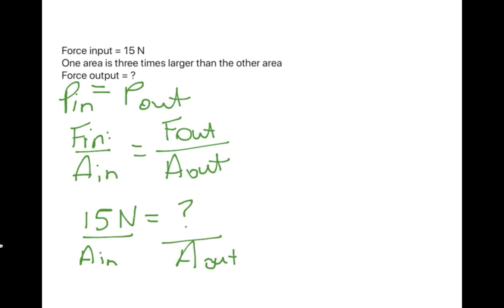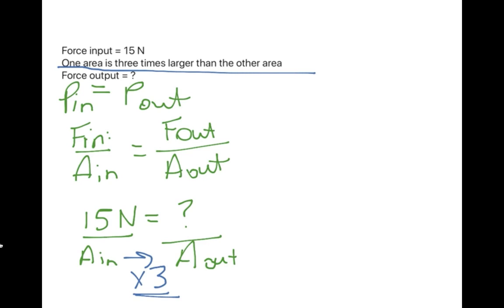All right. Now what did they tell us about area? One area is 3 times larger than the other area. This is times 3. And I don't know if it's 2 and 6 or if it's decimals, or I don't know. I don't know what it is. It doesn't matter. They told us what we need to know. We need to multiply it by 3. Right?